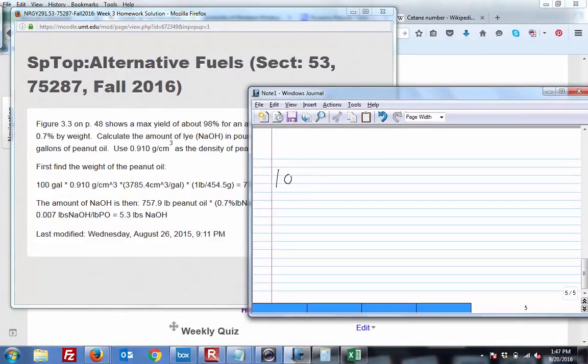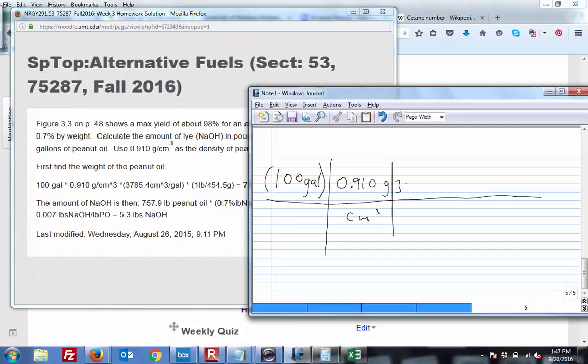Okay, so 100 gallons, and then the density is 0.910 grams per cubic centimeter, and then we've got 3,785.4 cubic centimeters per gallon, and then 1 pound per 454.5 grams.